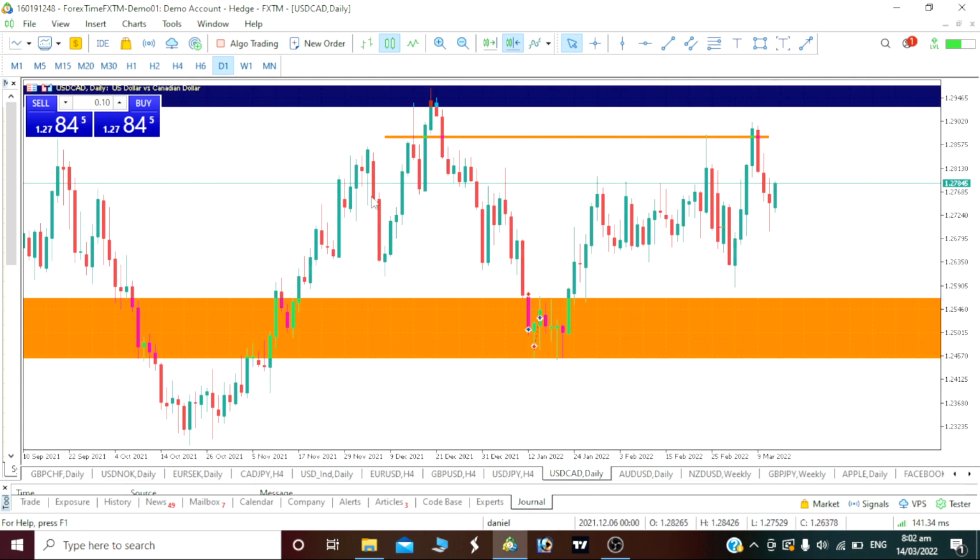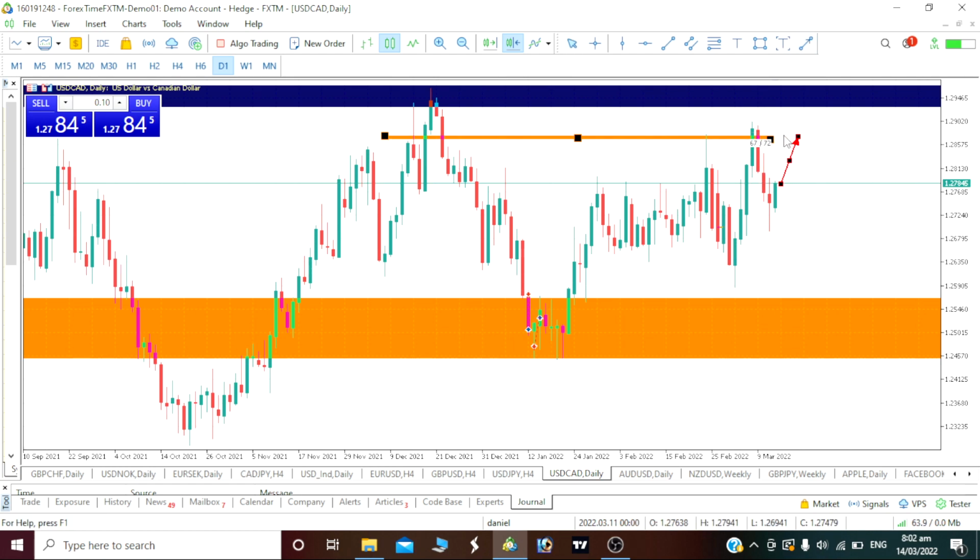Same thing with our USDCAD. First of all, I thought our price would push down to this area before it takes the bullish, but since our price has started changing direction, we would want to be going bullish on this USDCAD.